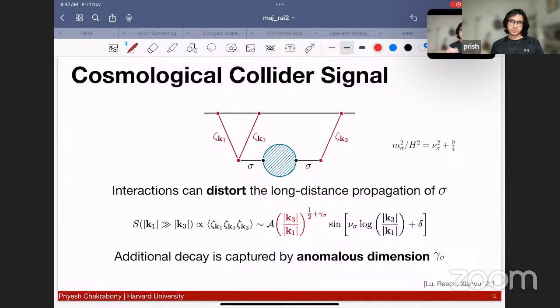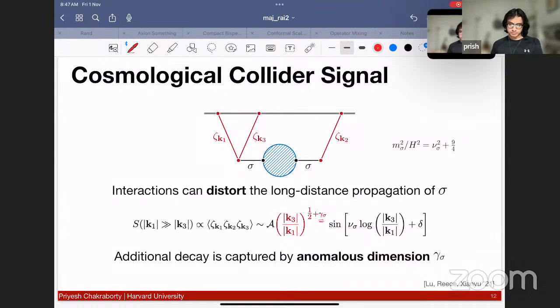Right. If you introduce some decay channel for the sigma particle, if it interacts with some other stuff, then obviously this decay will get enhanced. And this enhancement is captured by what we know as the anomalous dimension of the particle.